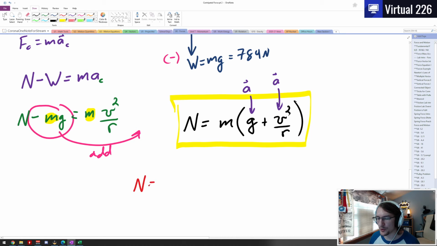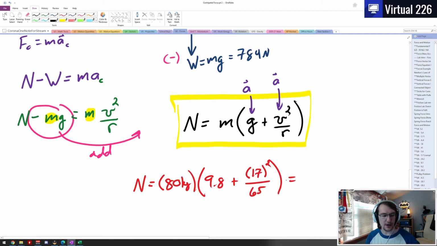We could say normal equals, or the apparent weight equals, the apparent force equals our mass, 80 kilograms, times gravity, 9.8, plus our velocity, 17, which we square, divided by the radius of 65.